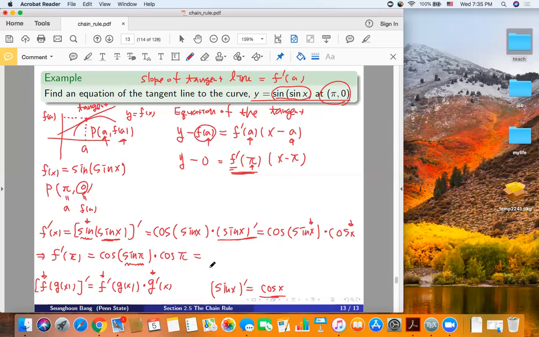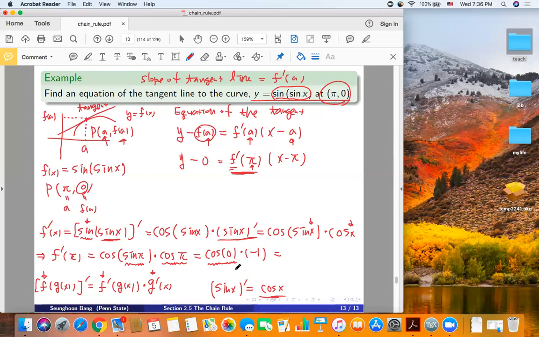The sine of pi is 0. So we have cosine of 0 times cosine of pi. Cosine of pi is -1. What is cosine of 0? Do you remember cosine of 0?